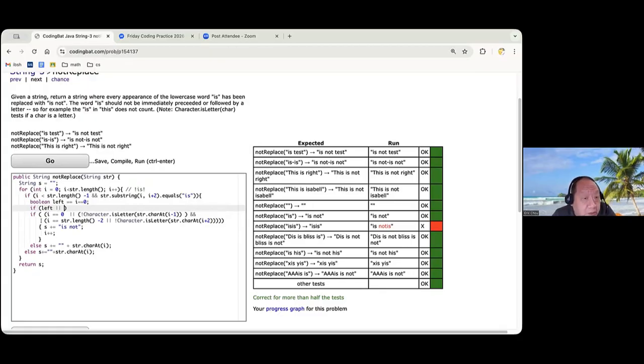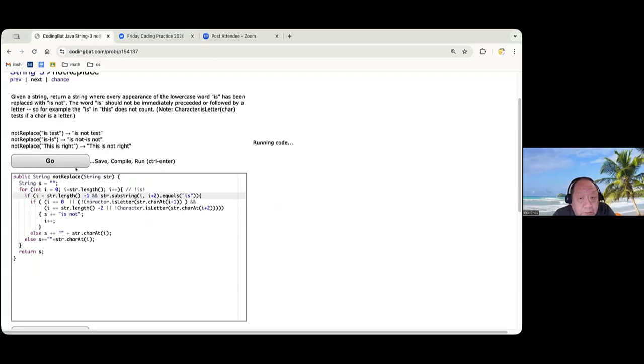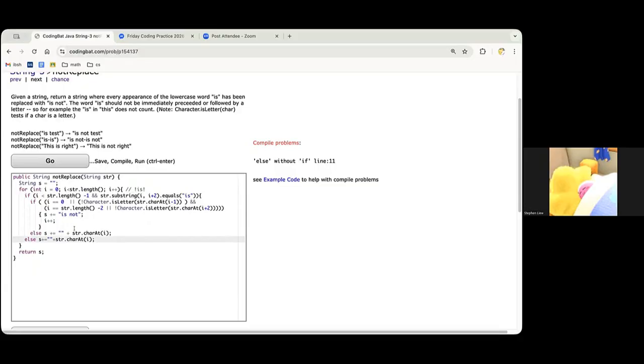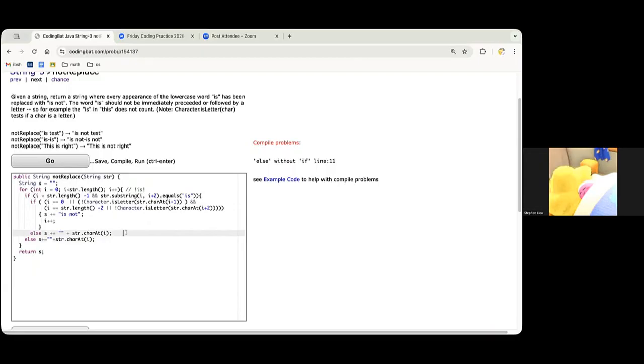No, this shouldn't be needed. Is it because there's a missing bracket? I think there's a missing bracket after this versus else.